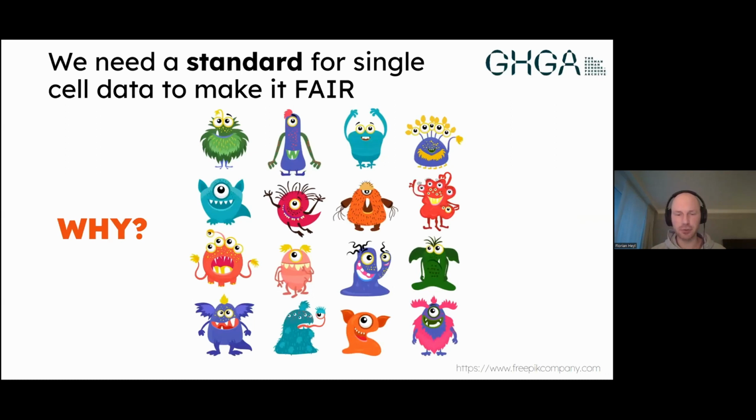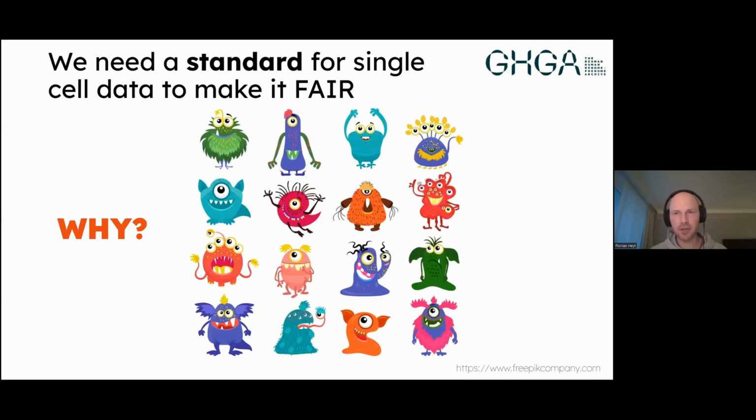And if you are new to bioinformatics, or even if you are a bioinformatician, you maybe know the pain already that we created a lot of monsters in the past, with very bad documentation, that cannot be run. If I run it, then the results I get are not reproducible.